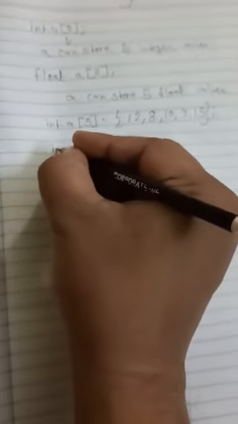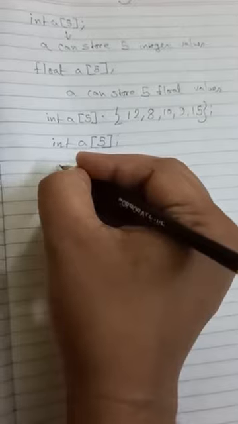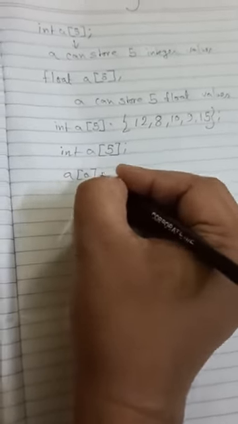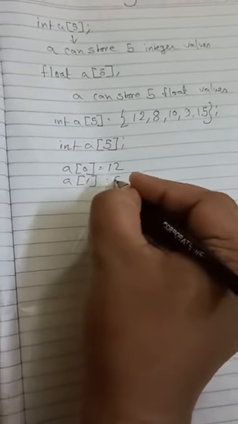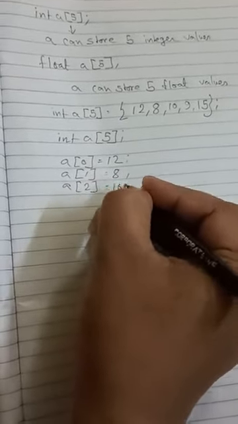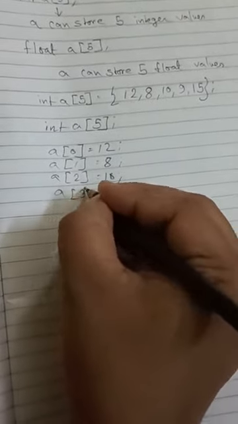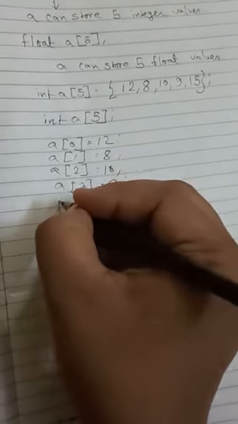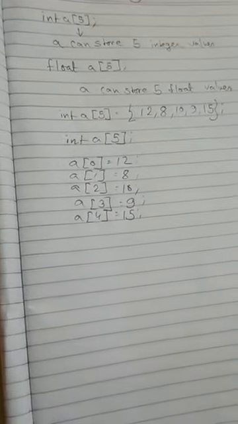Another way to initialize an array is int a[5]; then in the next lines, a[0] = 12, a[1] = 8, a[2] = 10, a[3] = 9, and a[4] = 50. Okay, this is how you can initialize an array.